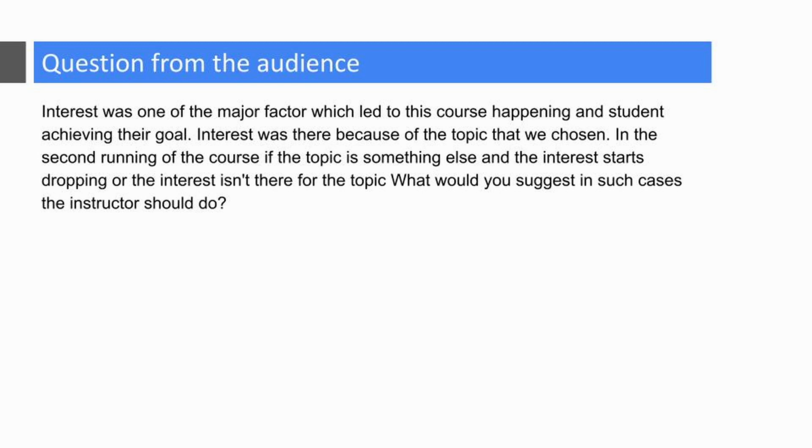Let's say in the second running of the course, the topic is something else and the interest starts dropping or isn't there for the topic, what would you suggest in such cases? What should the instructor do apart from scaling down or, let's say, taking the exit at different levels?